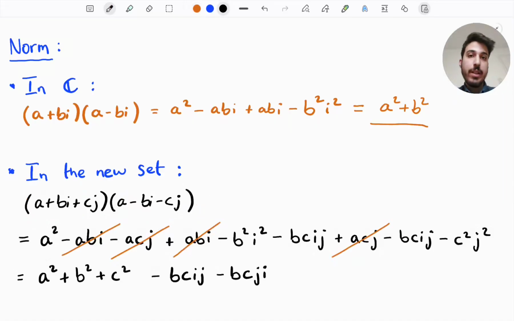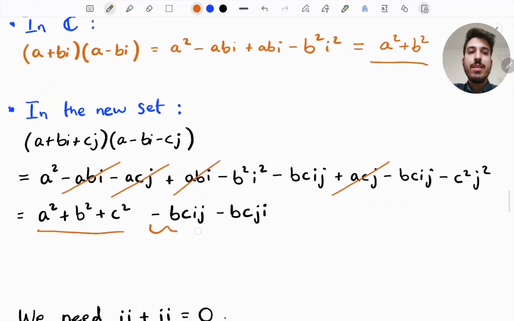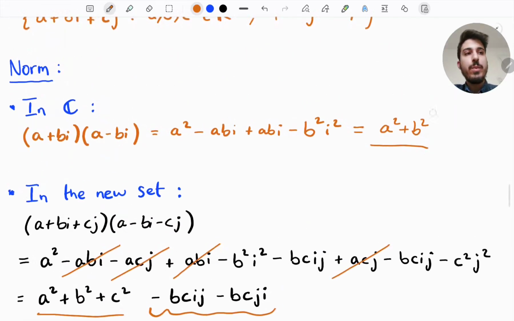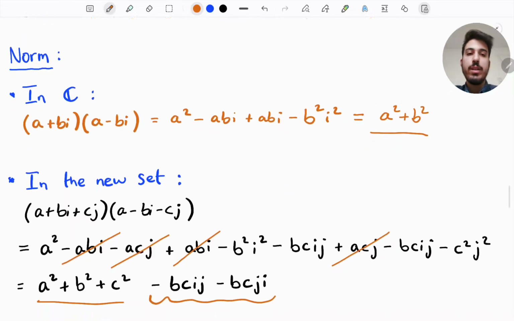After having done the calculation, we end up with a squared plus b squared plus c squared minus bc ij minus bc ji, which is not very nice to have, because whereas we had a squared plus b squared, a very satisfying formula that contained only real numbers, and we were so close to having the same thing with the new set, this is really an annoyance at this point.